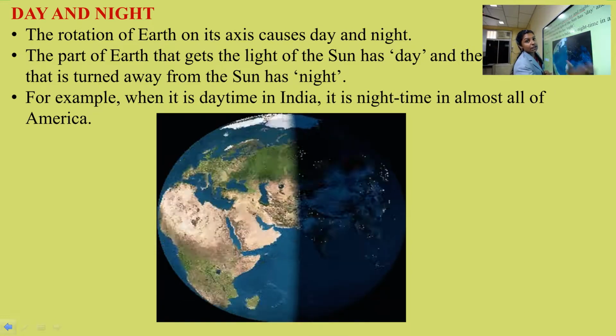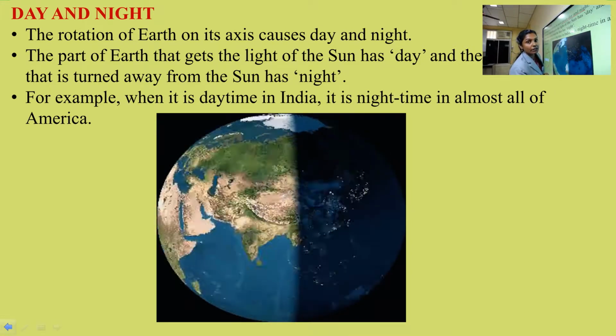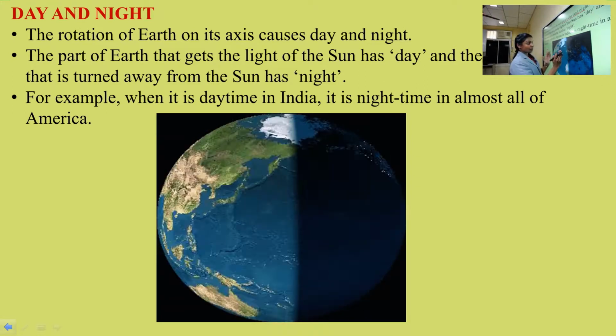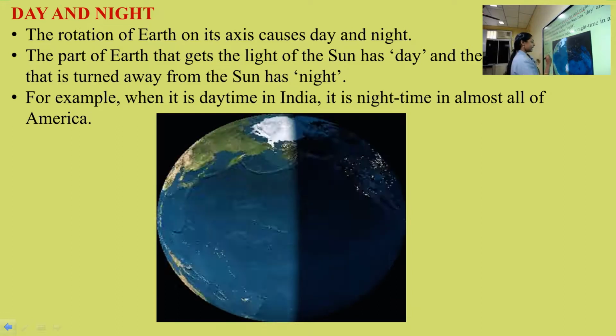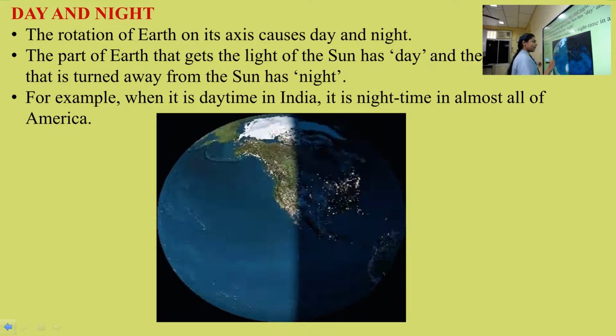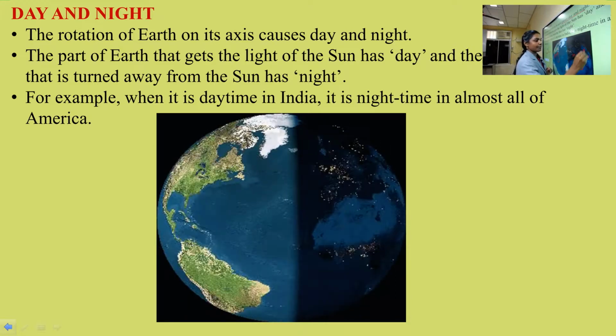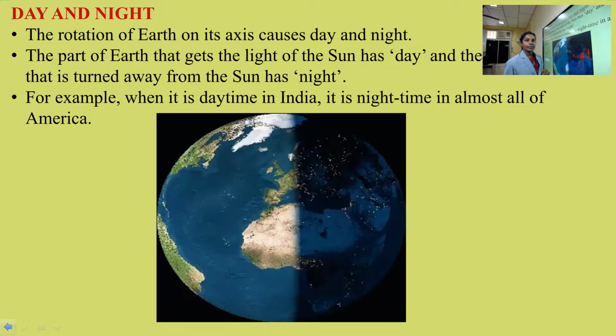The other half of the Earth is turned away from the sun. Clear? So the portion or the part of the Earth which faces the sun has daytime. This is day. And the part of the Earth which is turned away from the sun is night time. Clear?